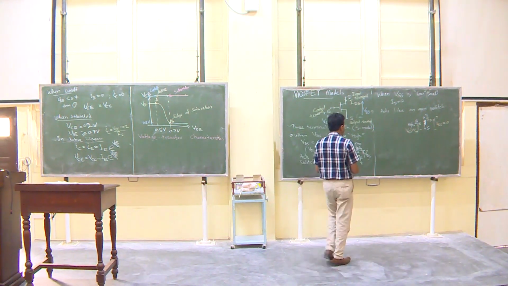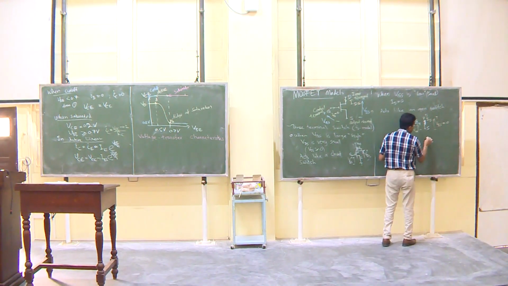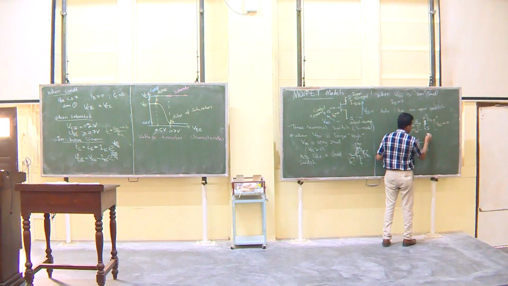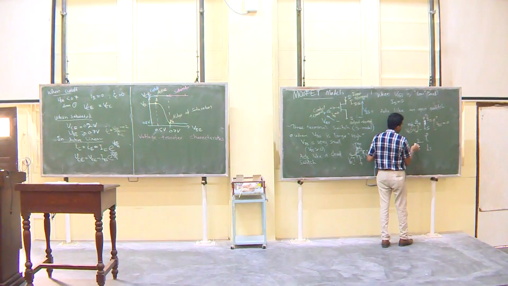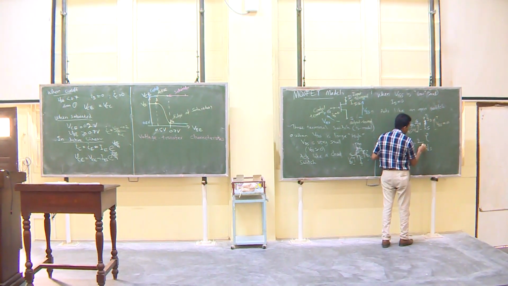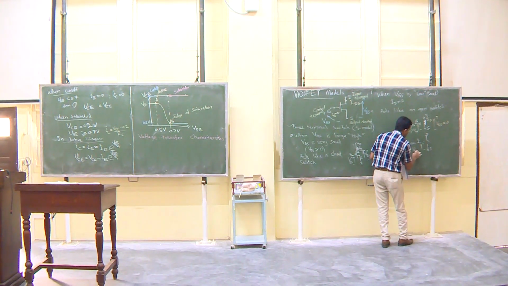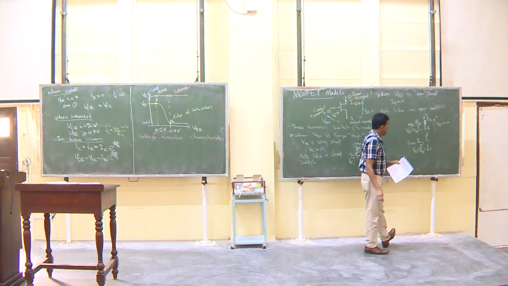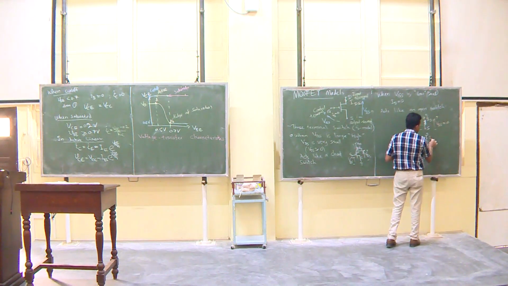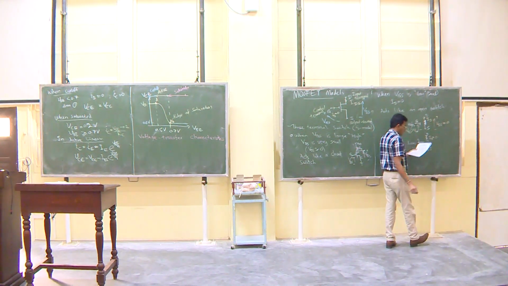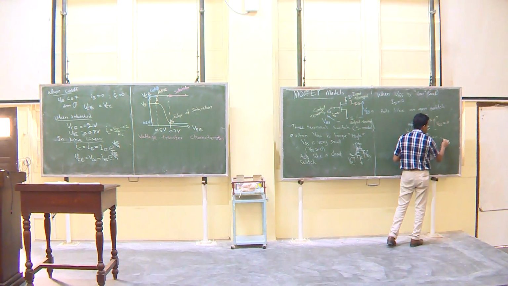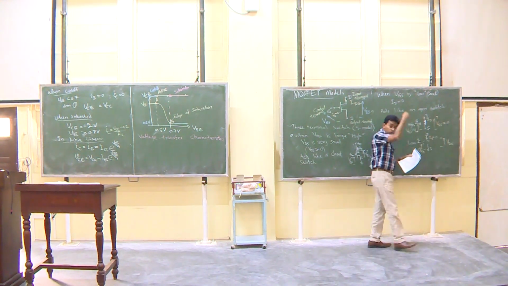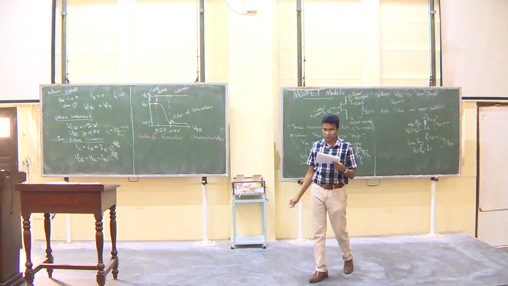So, when it is low, then when it is less than VTH, current ID is equal to 0 and there can be VDS, depending on the external circuit, this value will change, right.